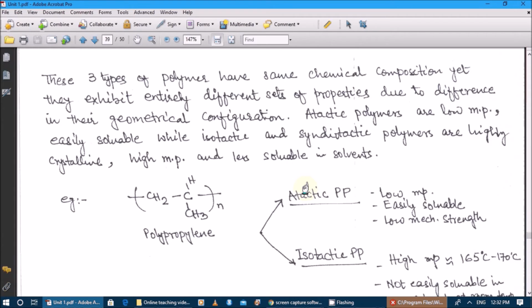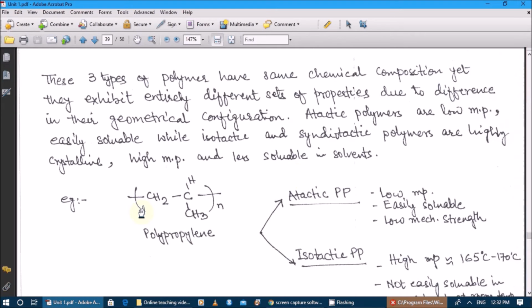So just because of the geometrical configuration, polymers having the same chemical composition may exhibit different sets of properties.